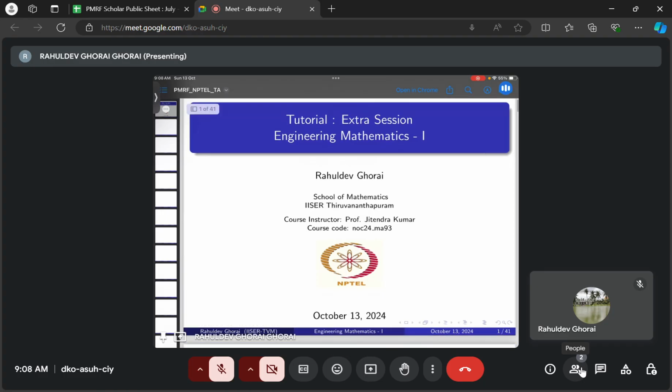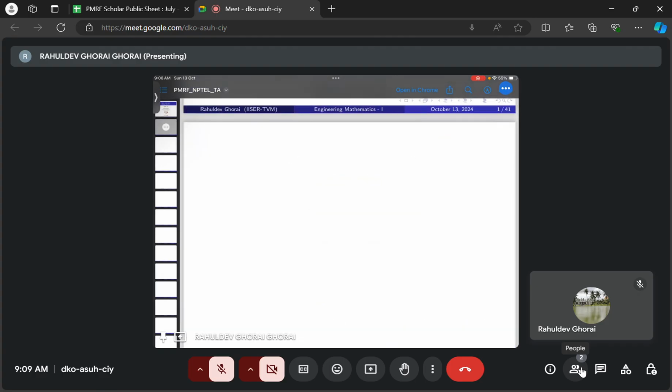So let's begin with differential equations, higher order linear differential equations, which we did yesterday. If you see the homogeneous linear equation, how does it look? It looks like this: y^(n), the nth derivative of y, which is a function of x, plus P1(x) y^(n-1), and so on, up to Pn(x) y, equal to 0.